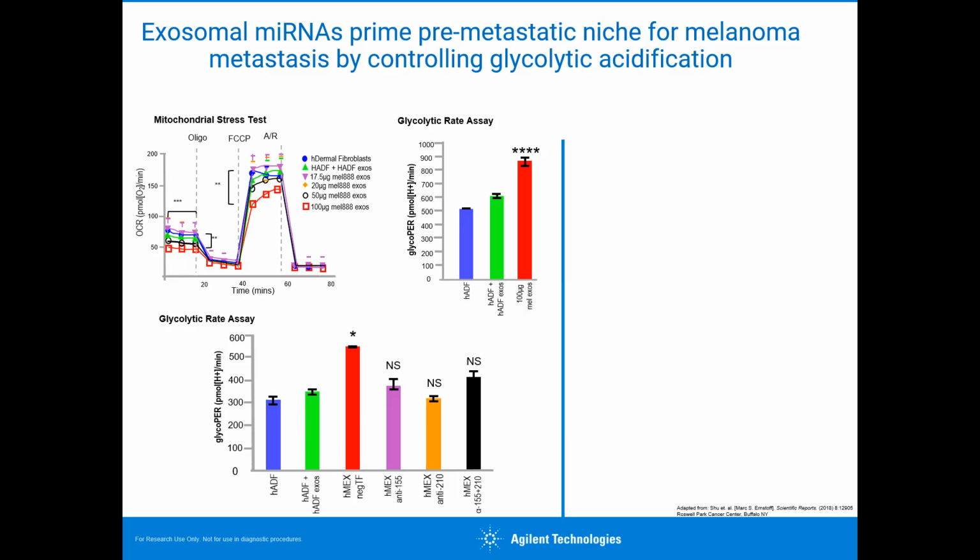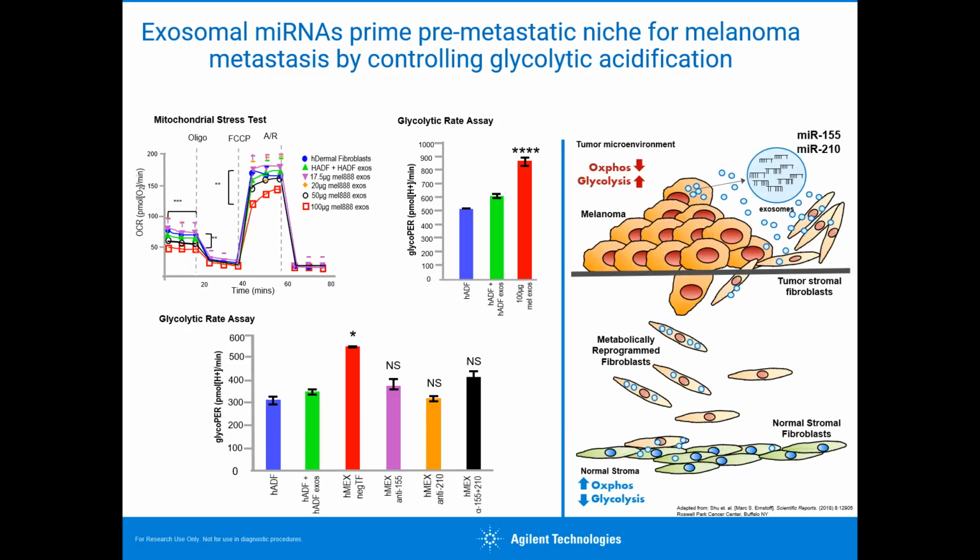So another glycolytic rate assay was performed, that's the bottom chart, with inhibitors to these two microRNAs, confirming that the glycolytic switch does not happen without the two microRNAs. And this picture illustrates what they believe is going on.